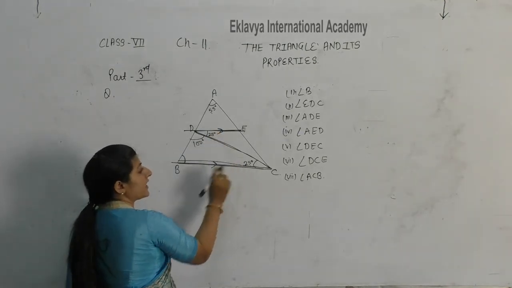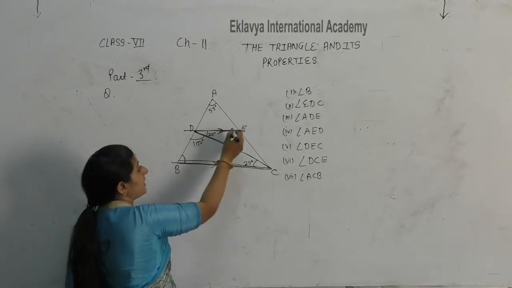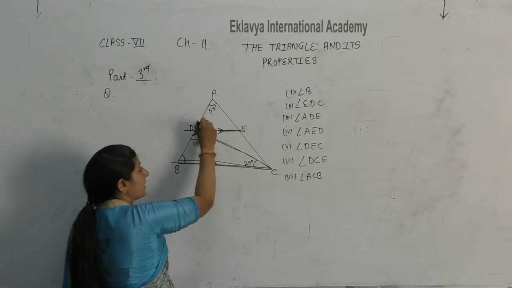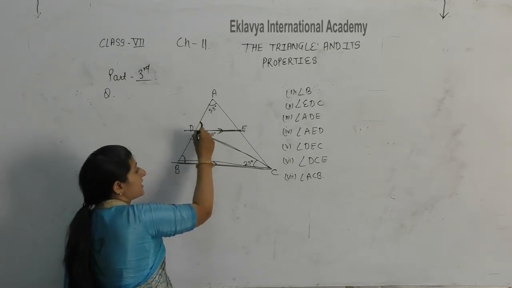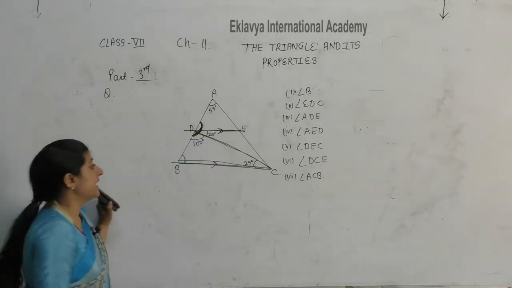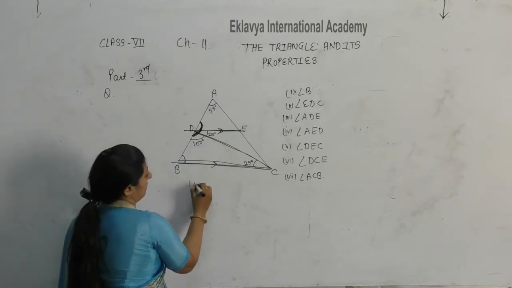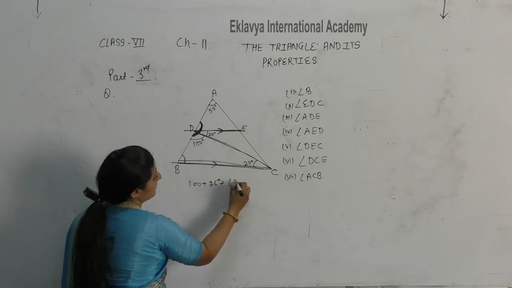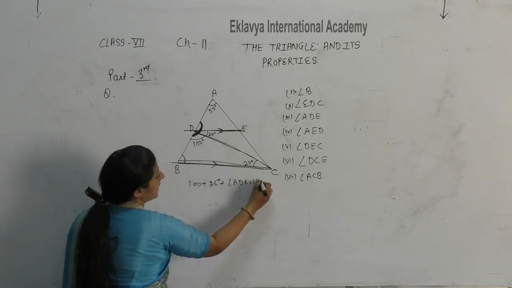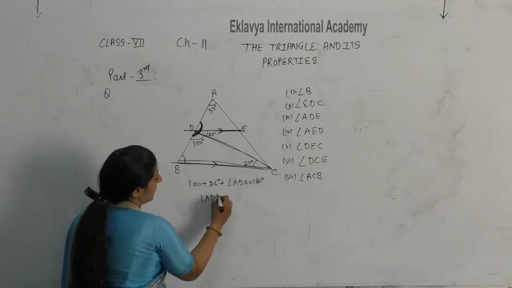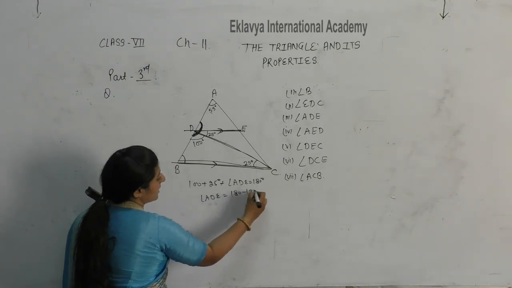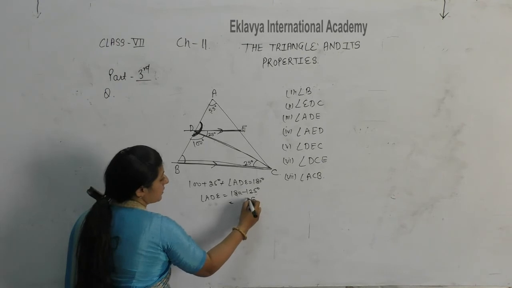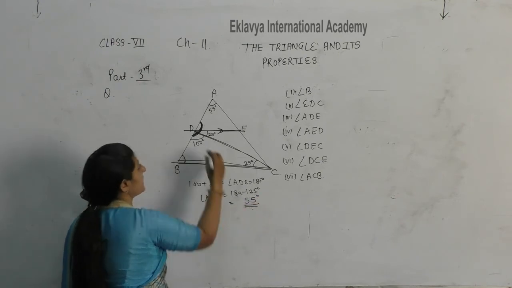This 100, this 25 and this also 25. Reason: alternate interior angles. Now see this one, linear pair, adjacent angles on the same side of a line, then 100 plus 25 plus angle ADE is equal to 180 degree, then angle ADE is equal to 180 minus 125, 55 degree.